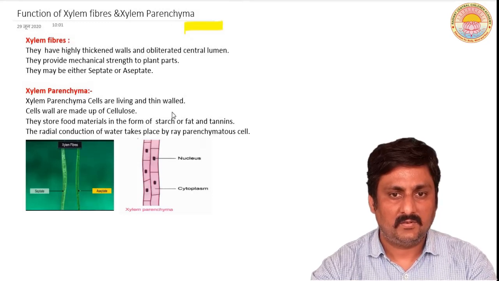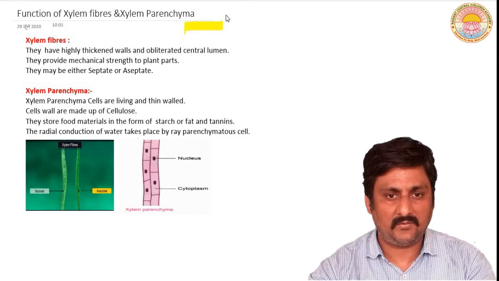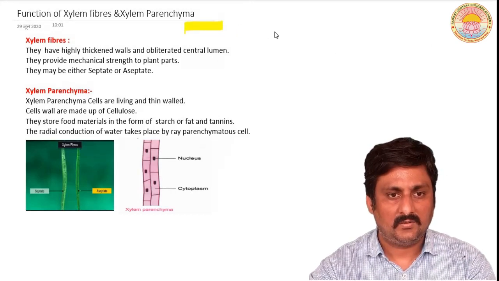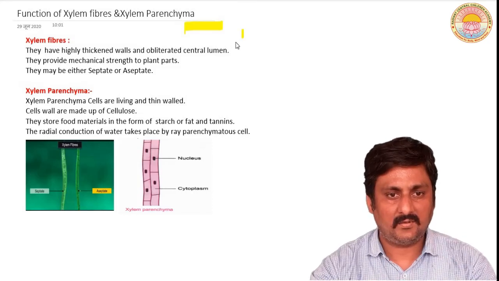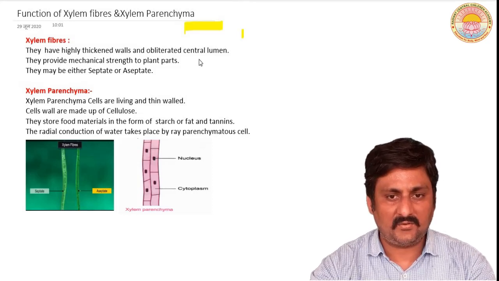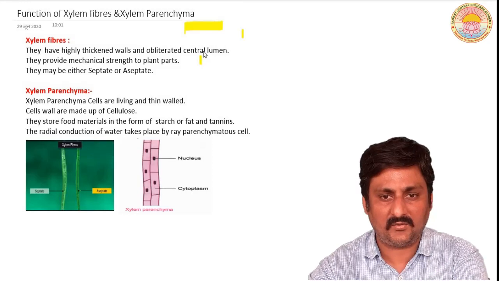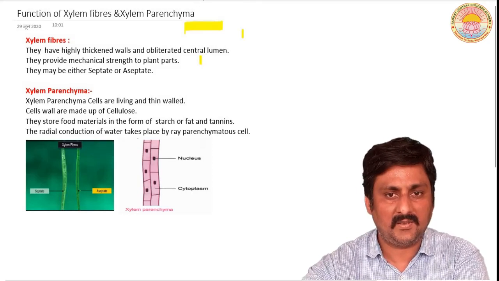Now first of all let us talk about xylem fiber. They have highly thickened walls and obliterated central lumen. They provide mechanical strength. So mechanical strength is the main function of the xylem fiber as such.